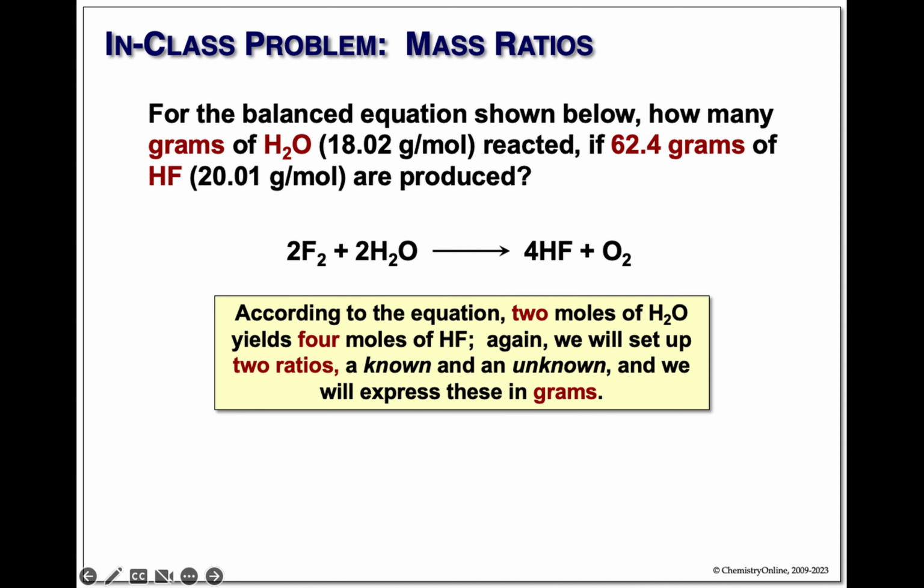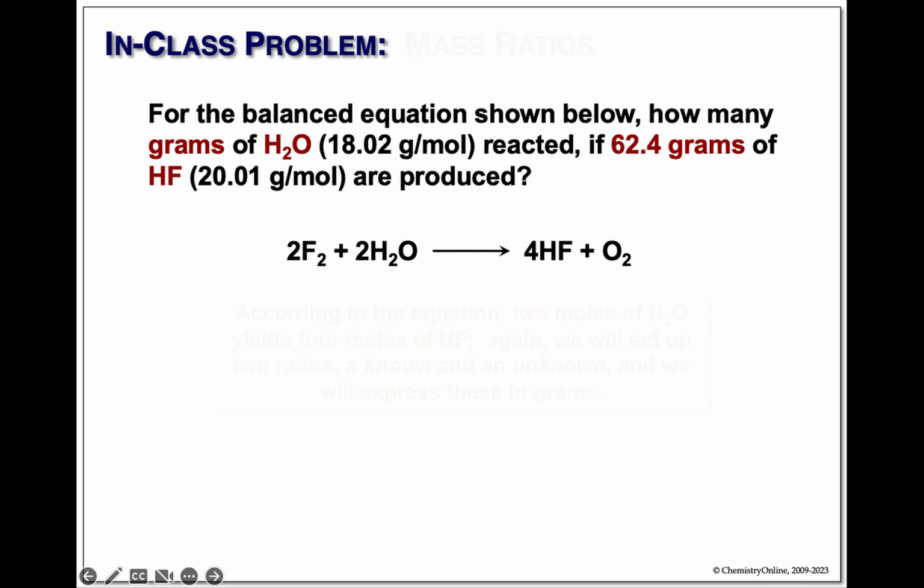Let's start off with our mole ratio. Mole ratio, 2 waters, 4 HF. HF in the denominator. To make the mass ratio, we have two waters and they weigh 18 each.